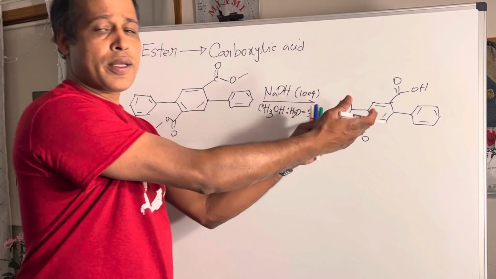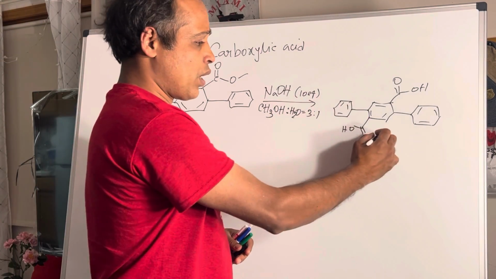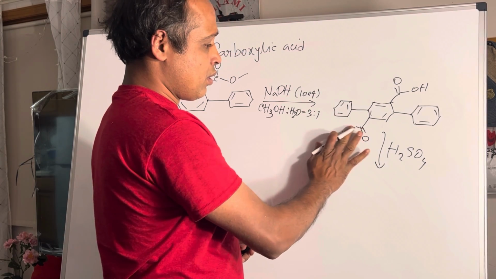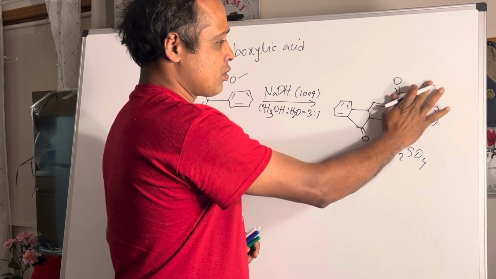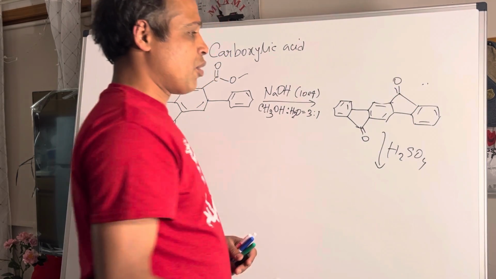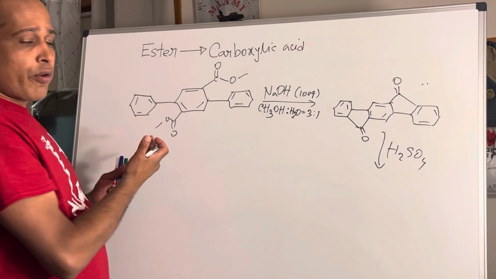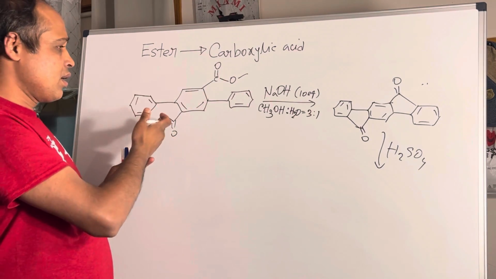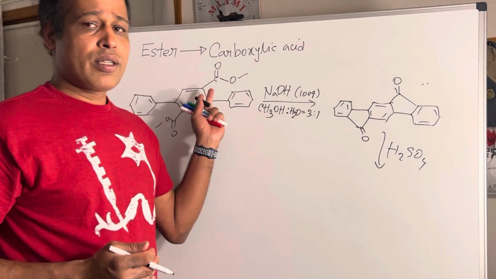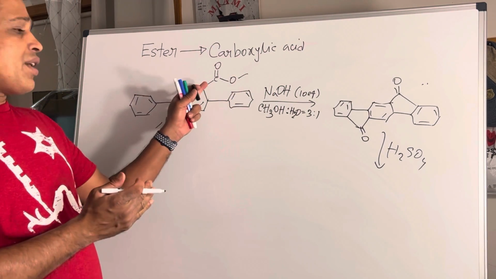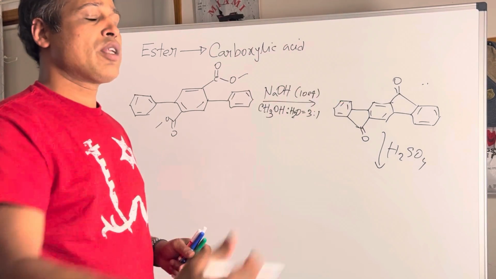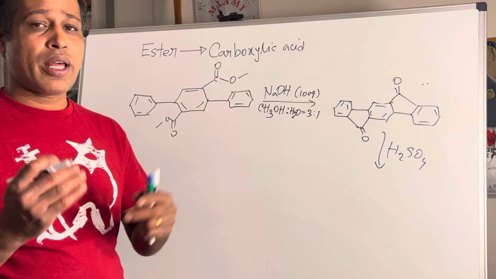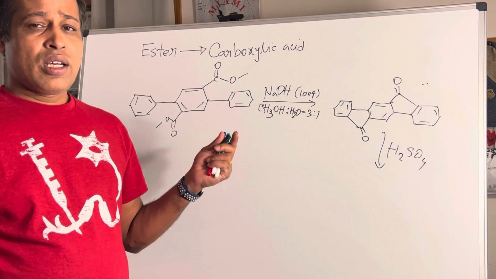What is the purpose of making this molecule? If you add an acid like sulfuric acid here, it will cyclize, so ultimately you can get a compound like this. This is a very common reaction in the literature. You will find many reactions like that, having the carboxylic acid in the ring and the ester in the ring. You can design with the ester because moving through multiple-step synthesis with the ester is easy, and once you make it the carboxylic acid, it is a pain to purify, or it will be soluble in the water.